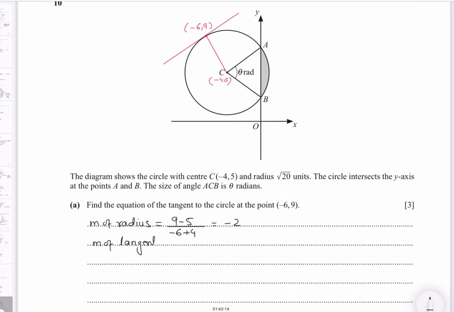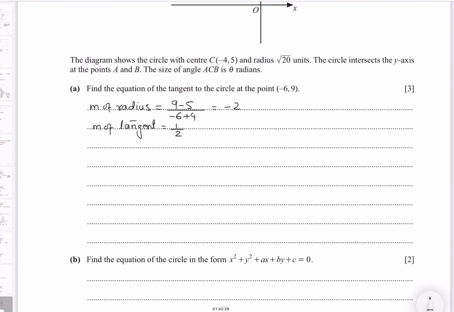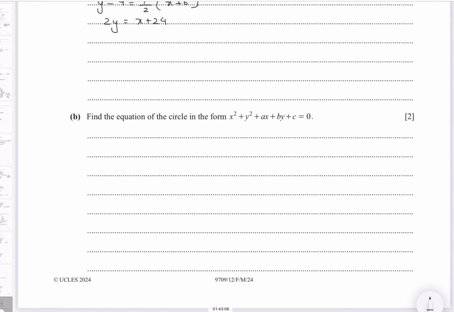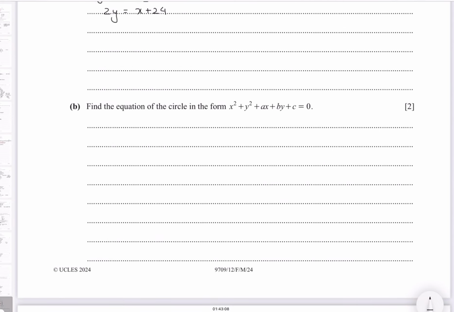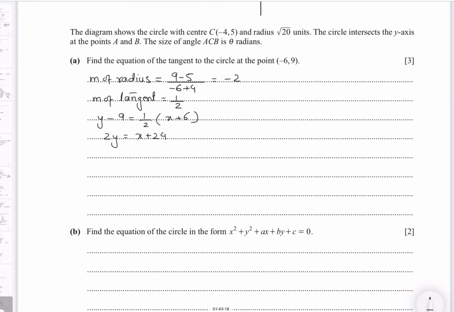So m of tangent would be the negative reciprocal of this minus 2, which is positive 1 over 2. Now use y minus y1 equals m into x minus x1. So alright, I wrote this. Now simplify from here. So you got 2y equals x plus 24, the equation.